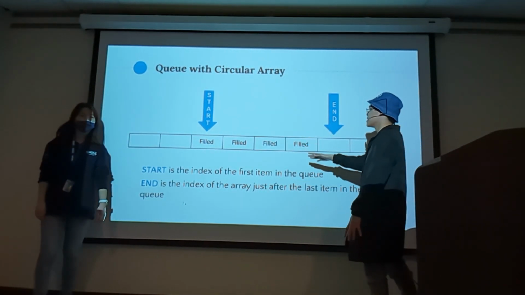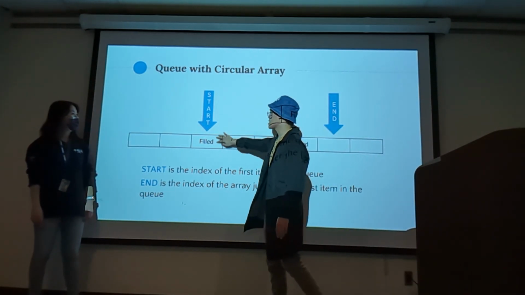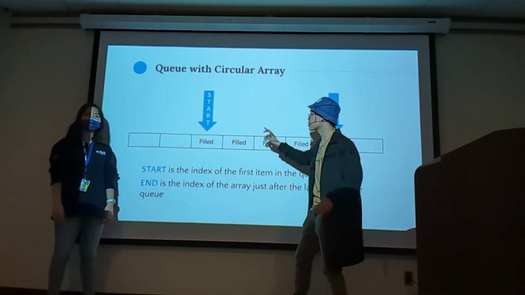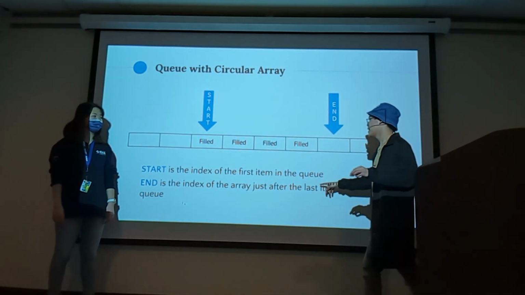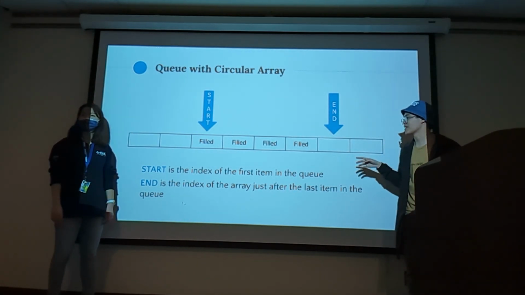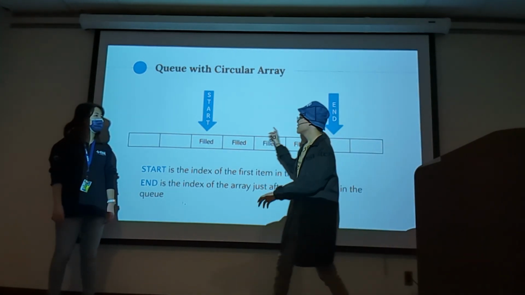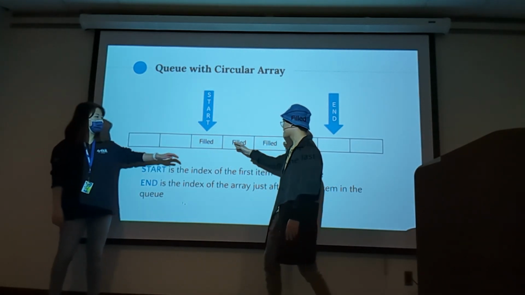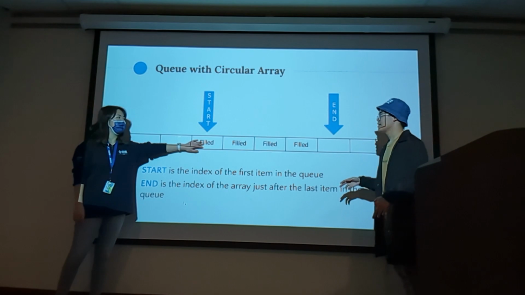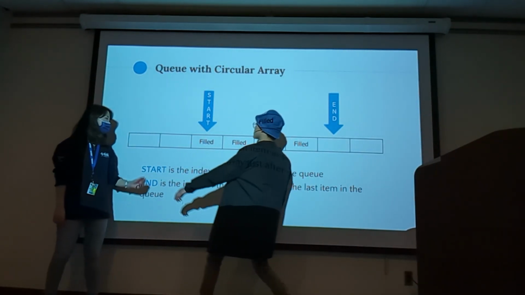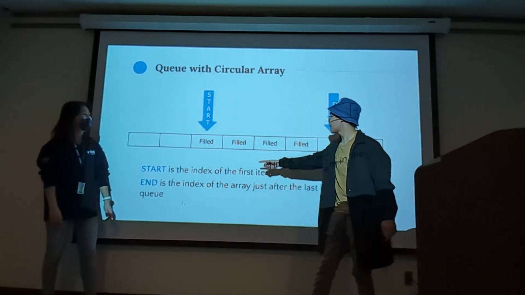This start is a variable for the index of the first item in line, and this end is the index right after the last item in line. Imagine this is the first person that lined up, the first customer, and it's in second, third, fourth position. The start is at position 2, because arrays are numbered 0, 1, 2.